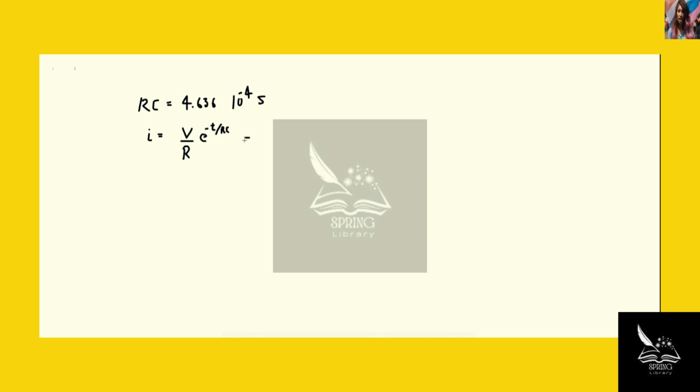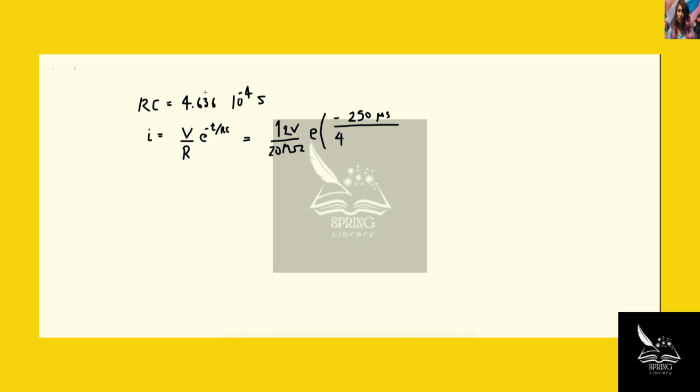We put in the value of 12 volts divided by 20 mega ohm. For our special case, the exponent is minus t, which is 250 microseconds, all divided by RC.